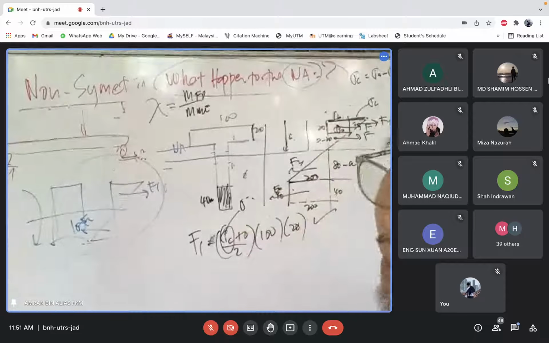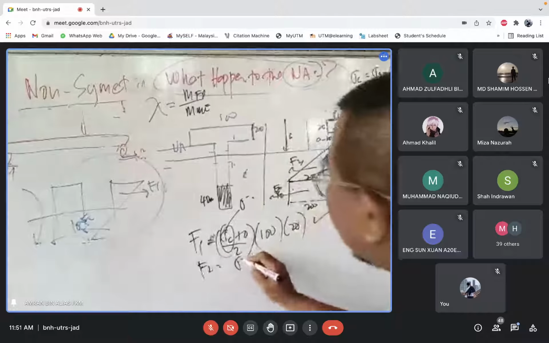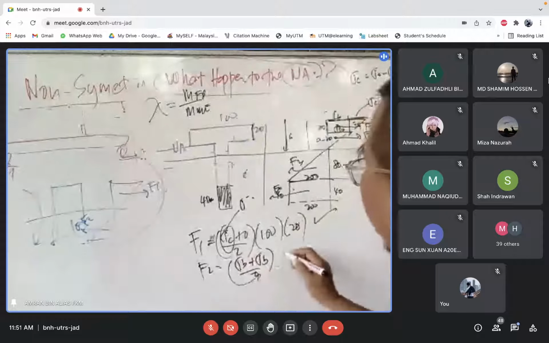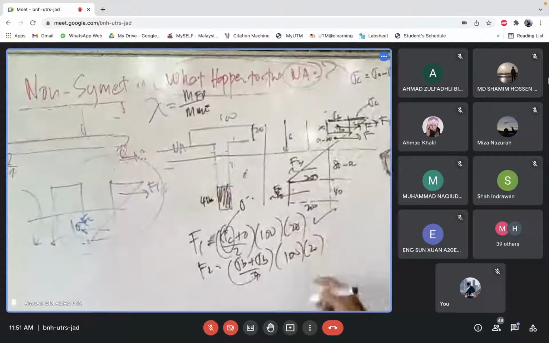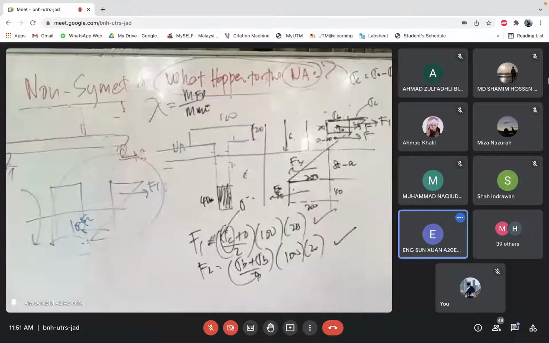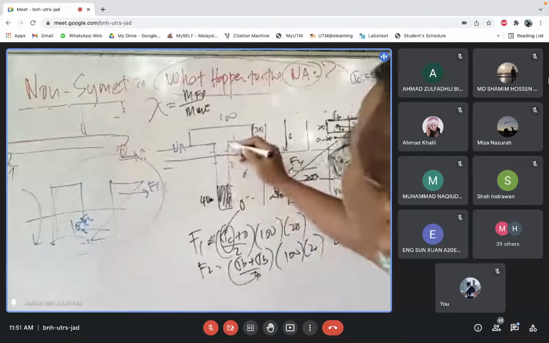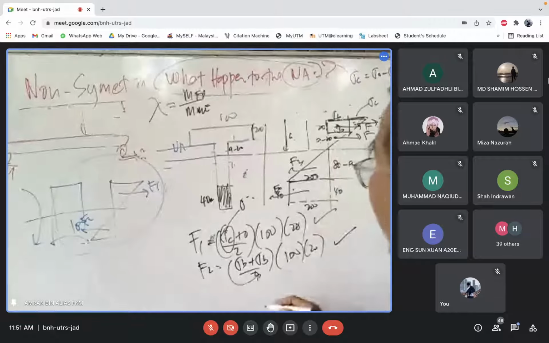And then what is F2? F2 is sigma B plus sigma B over 2, times the area. The area is 100 times 20. And then this area now has A minus 20 there. You don't know the A.